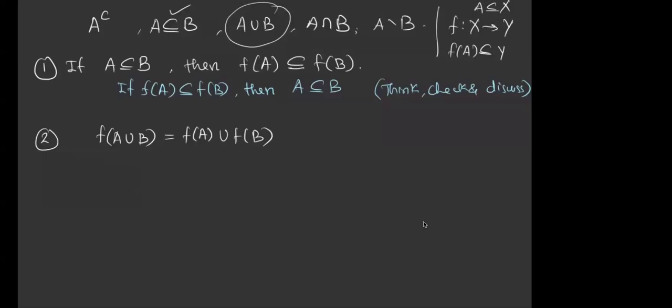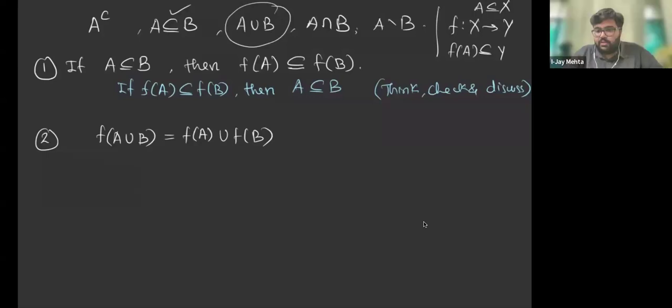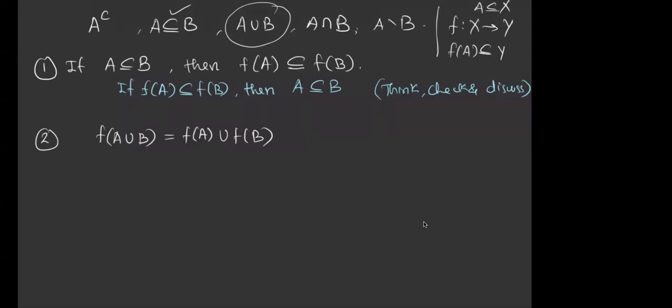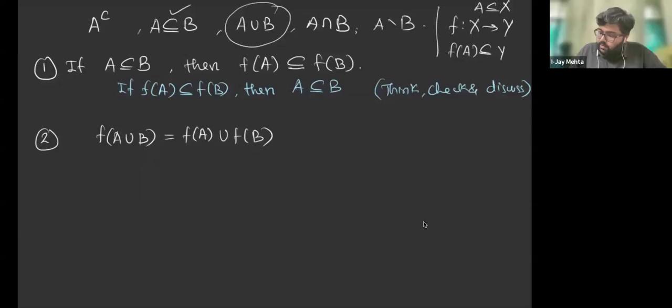Both of them are subsets of each other. They are sets, right? This is a subset of that, and that is a subset of this. So Charvi, which side do you want to start with? F of A union B is a subset of F of A union F of B. Okay, so first we show this. Okay, thank you, Charvi.